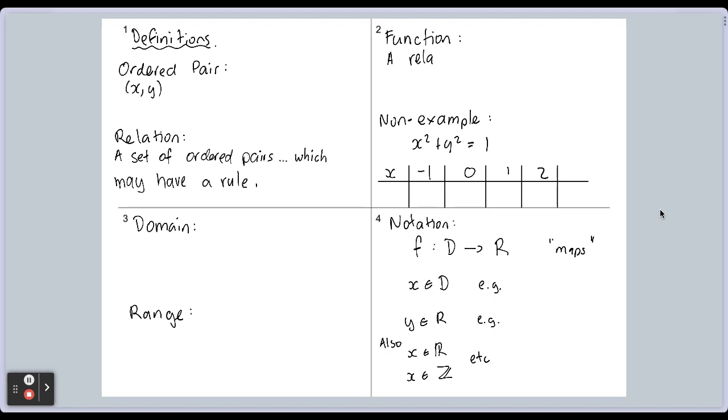It's a relation such that each x value has only one corresponding y value.